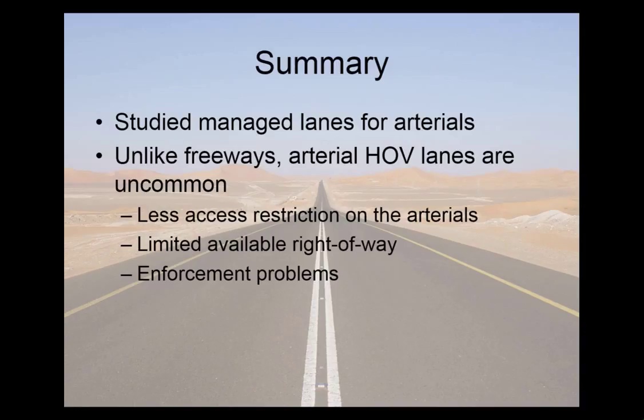Reasons for there being so few arterial HOV lanes are that there are fewer access restrictions on the arterials, so they're harder to enforce. There's limited right of way, and again, it's hard to enforce.